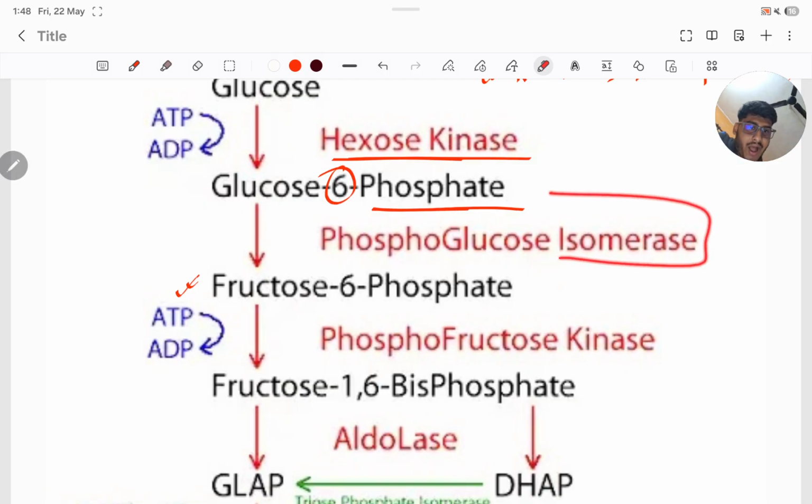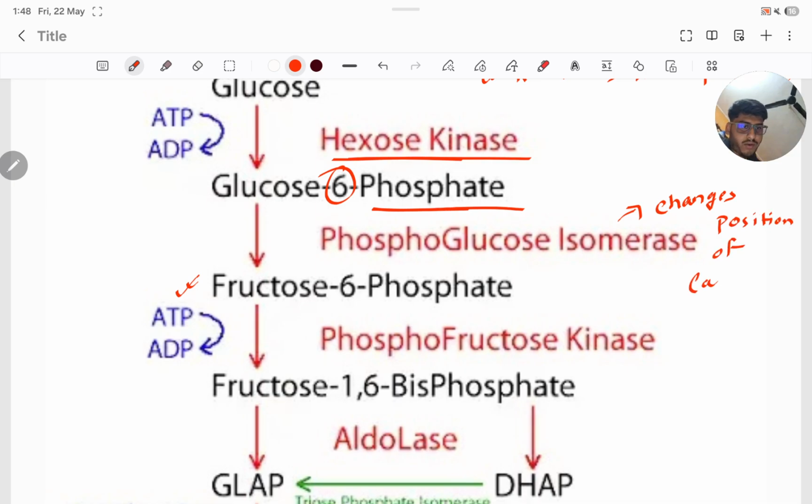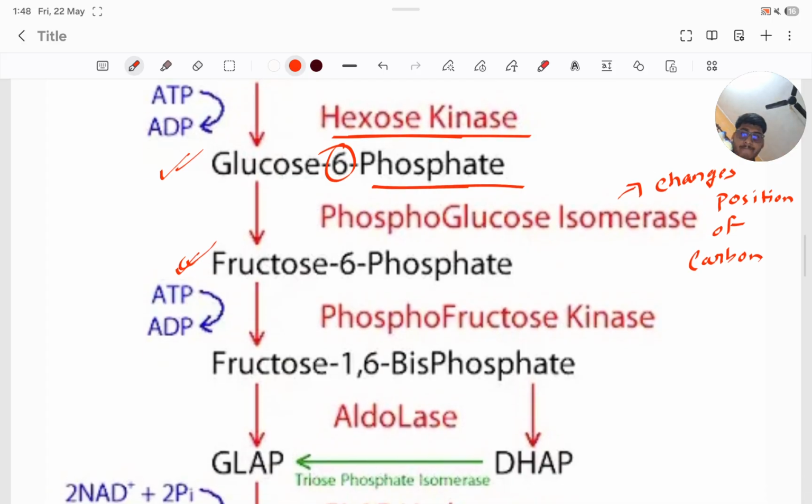So the isomerase enzyme changes the position of carbon. Glucose and fructose are both 6 carbon, but the position of the carbon changes. The configuration changes.